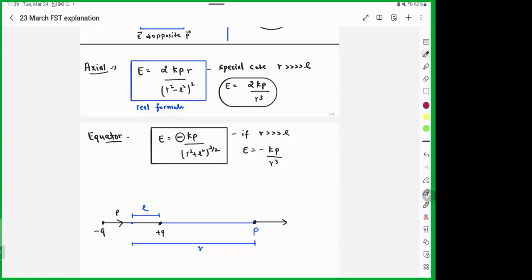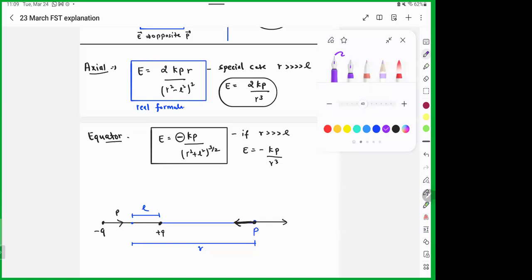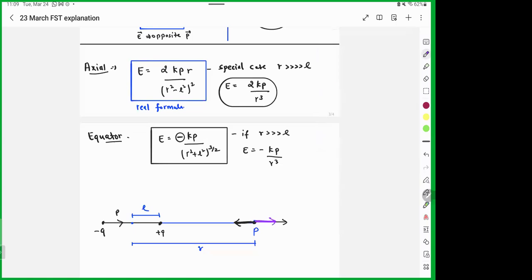If you see the negative charge, it will attract but less because the distance is more. What is the net direction of electric field at this point? This is the net direction of electric field.